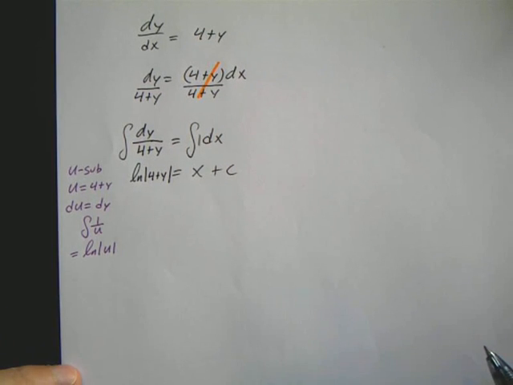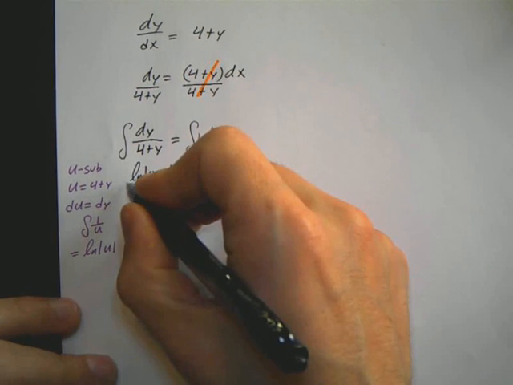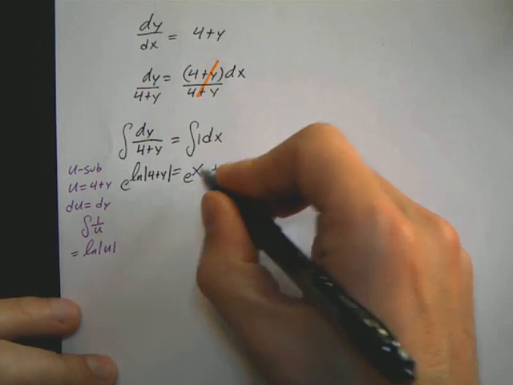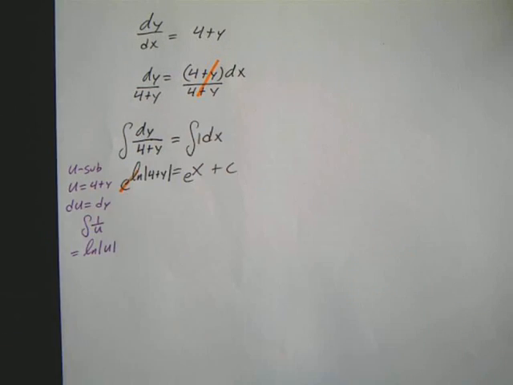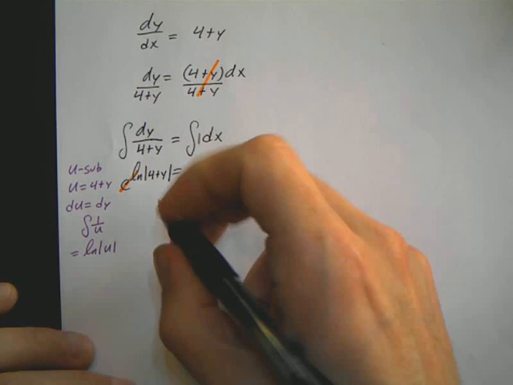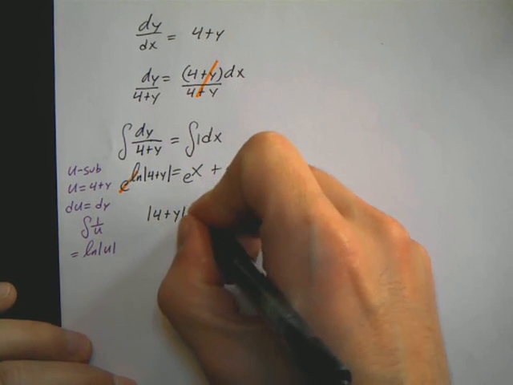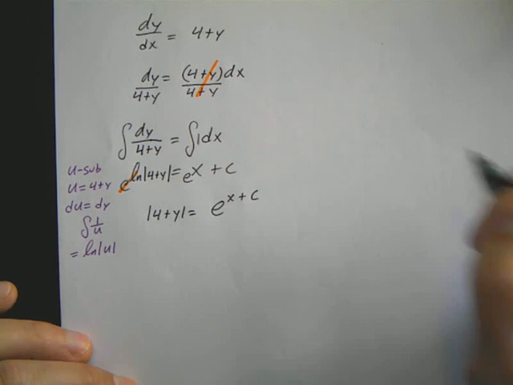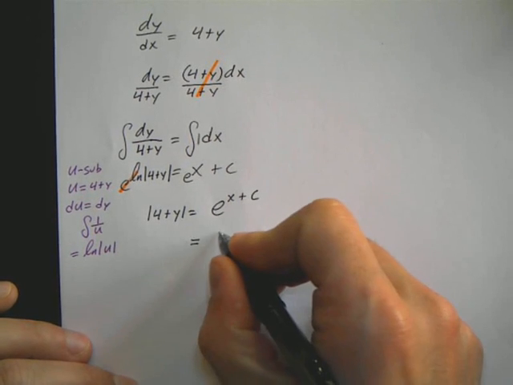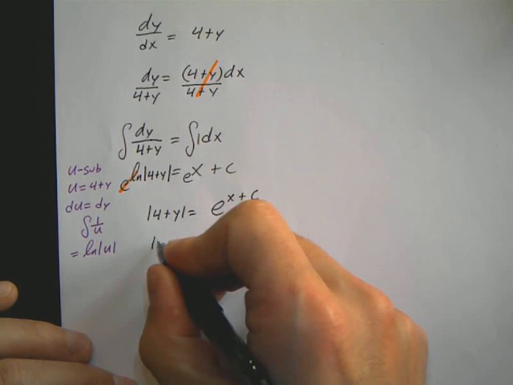And so continuing this way, if I were to take e to both sides, the e and the ln are inverses, so they cancel out. So I would end up with absolute value of 4 plus y equal to e to the x plus c. The constant rule says it's going to be c e to the x, and absolute value of 4 plus y.